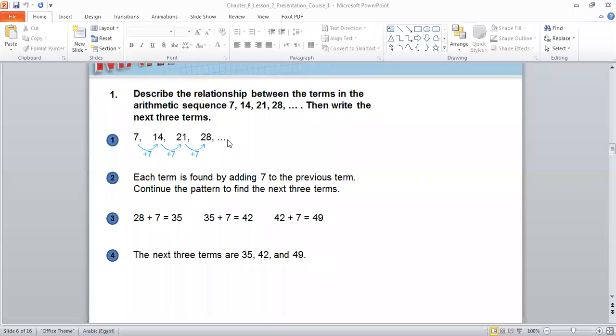This one I call an arithmetic sequence. This relation is called an arithmetic sequence. So the description of the relation here is arithmetic sequence, and I add 7 every time. And the next 3 numbers are 35, 42, and 49. Okay, the next one.